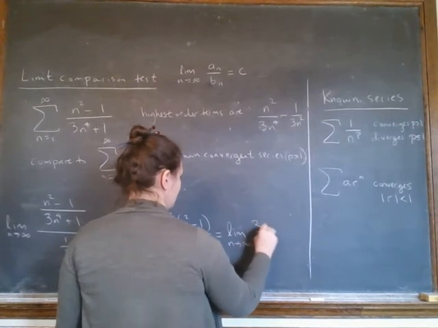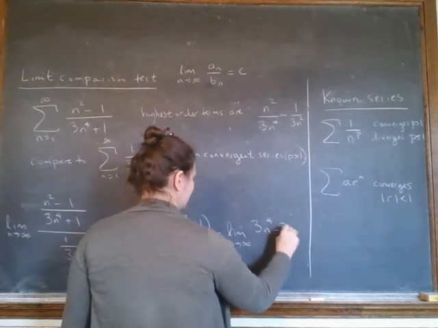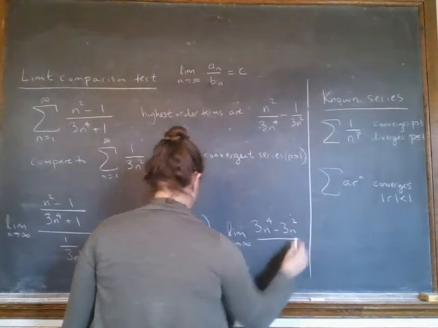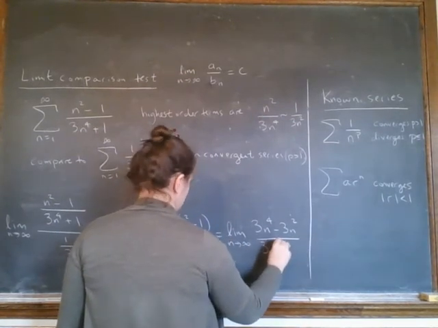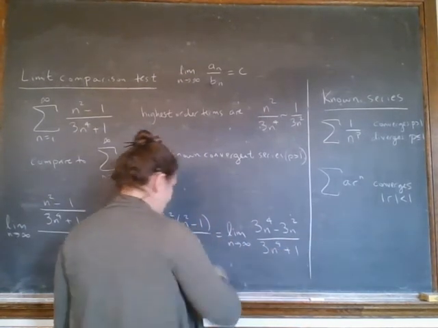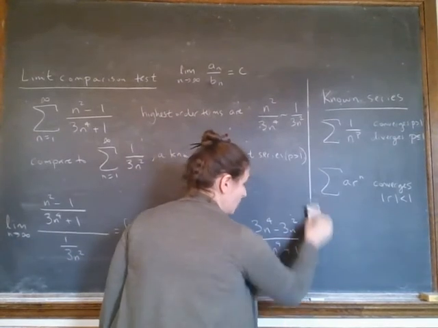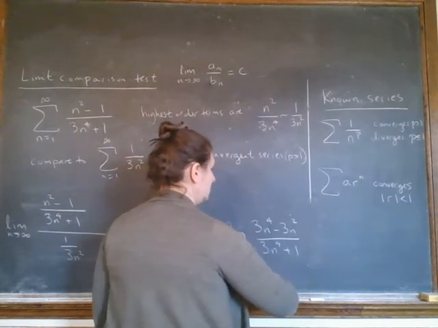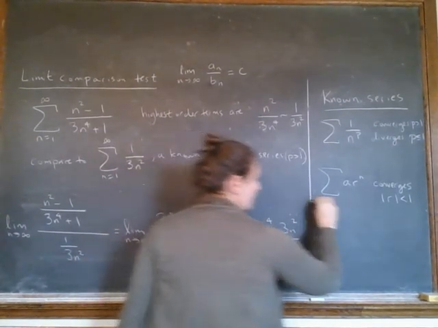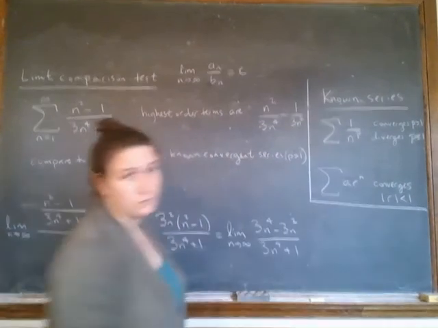So this is going to be 3n to the 4th minus 3n squared on the top, and in the bottom I have 3n to the 4th plus 1. Well, we can see that's going to go to 1, right? Because it's going to go to 3 over 3. But we should probably do enough work to show that properly.